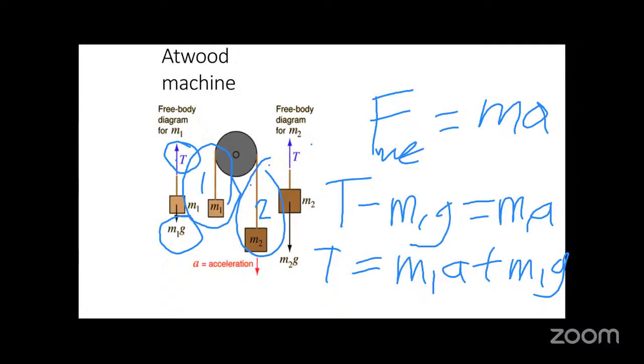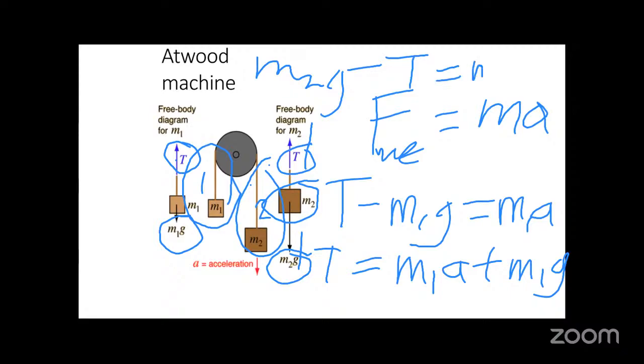The tension is pointing upward, the weight force is pointing downward. And since the mass is moving downward, it means that this force is greater than the tension force. So we can apply Newton's second law to this scenario by writing M2G minus T is equal to M2A. So that is equation 2.